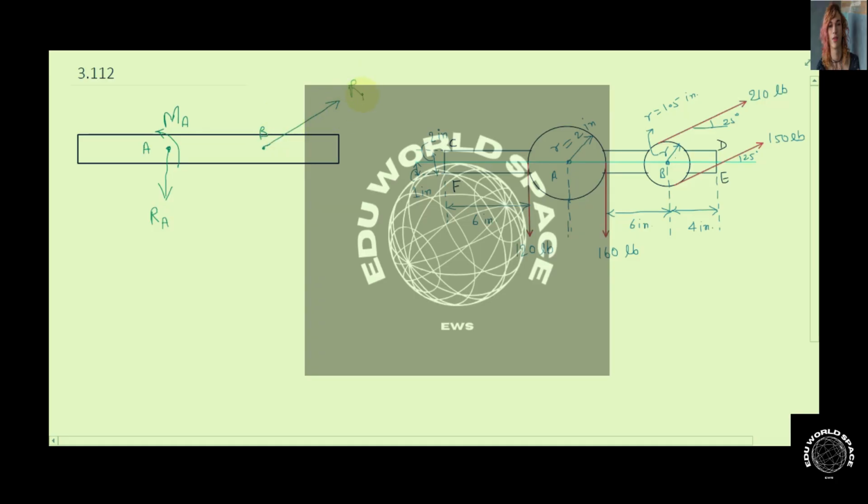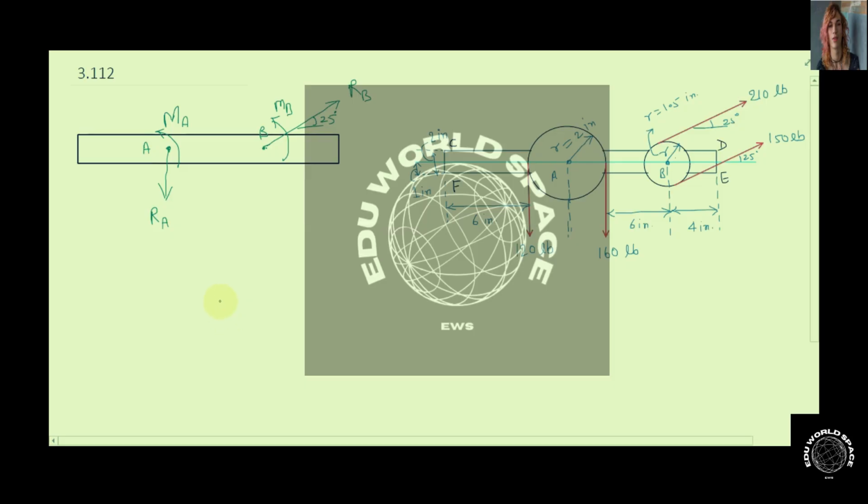So let's say this resultant is RB, which will make an angle of 25 degrees with horizontal, and a moment that will act at point B. So this will be the equivalent system in which we have replaced the forces present in the belts on individual pulleys by an equivalent force couple system at the center of the corresponding pulley.